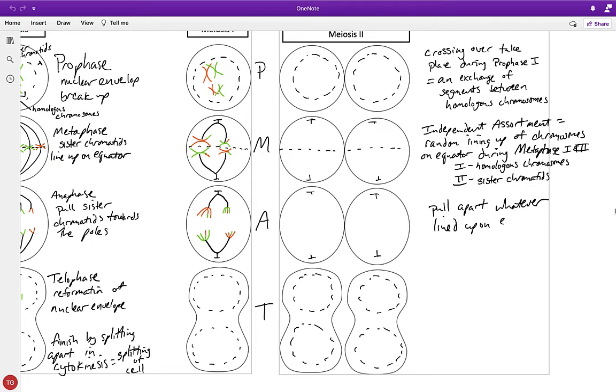We have this entire homologue, the orange one, the one we got from mom, or the green one that we got from dad, and we're pulling those apart from each other. The idea here is that we're cutting our genetic material in half in preparation to make these eggs or sperm. And of course, what's going to get pulled apart when we get to anaphase 2 will be sister chromatids, because we've already said that's what's going to line up along the equator.